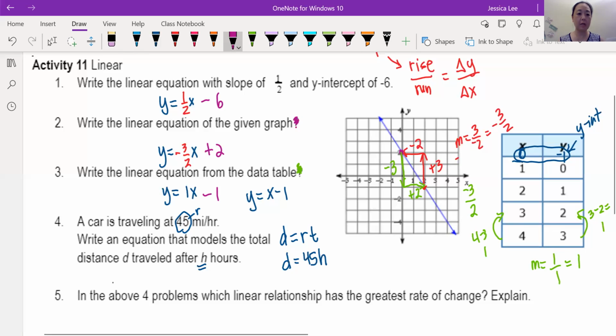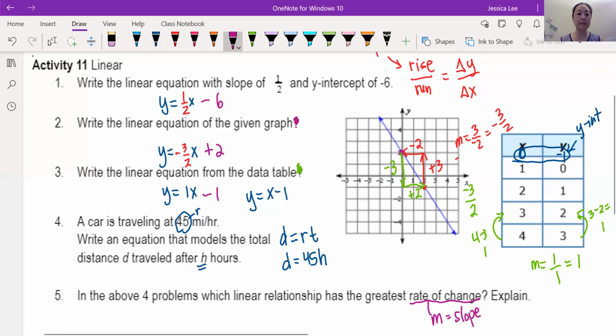All right. So the question in number 5 is, in the 4 above problems, which linear relationship has the greatest rate of change? If you think of the greatest rate of change, remember, that is the change of y over change of x. Yes, it's that rate. So this is talking about our slope, which is m.